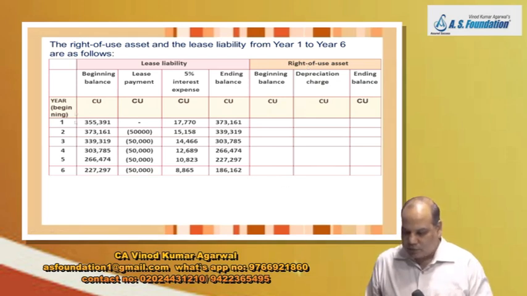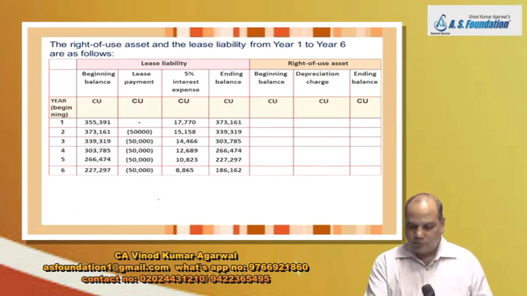So this we have done up to 6th year because we have already made the 6th year payment. Is it right? 9 more payments are pending.